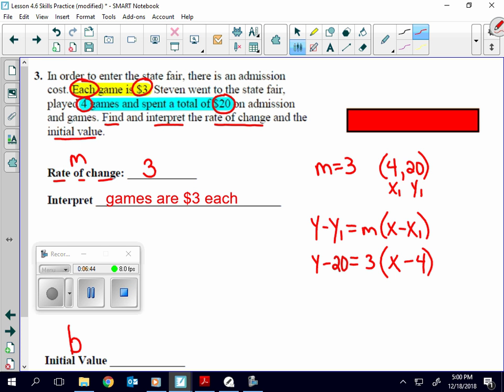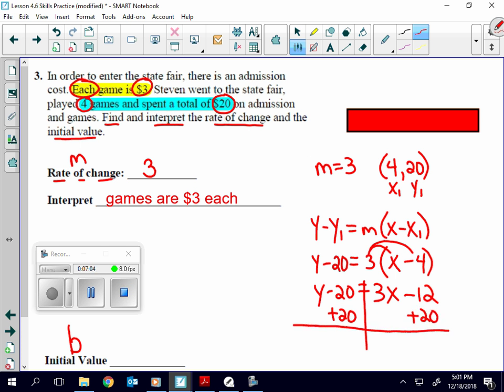Okay, I'm going to distribute. We have y minus 20 equals 3 times x is 3x, and 3 times negative 4 is negative 12. Last step to get it into slope-intercept form. Let's get everything away from y. Let's add 20. Okay, that gets rid of everything on the left except for the y.